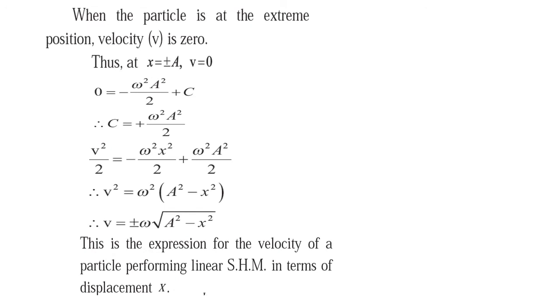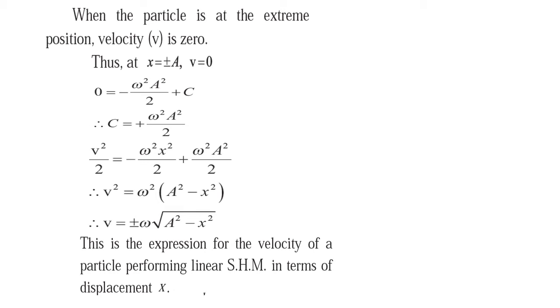Now, if the particle is at extreme position, remember, the velocity of the particle momentarily becomes 0, and at that time your particle has maximum displacement, that is, the displacement x will be equal to the amplitude. Here we have written x is equal to plus minus a; this plus minus sign indicates both directions from the mean position.